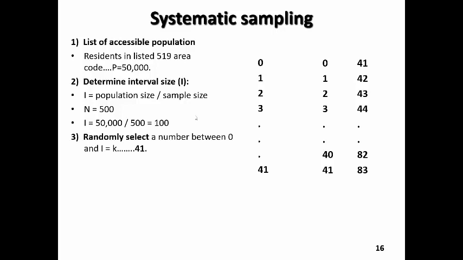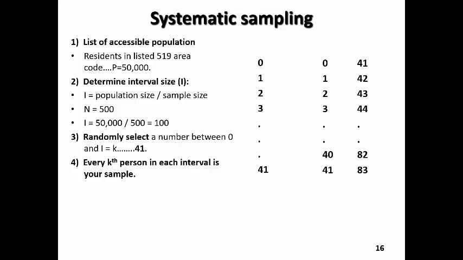The next step is to randomly select a number between 0 and the interval of 100, and that we call K. The researchers randomly selected the number 41. This is just a selection out of the table of random numbers, or 100 units that the researchers would randomly pick from.